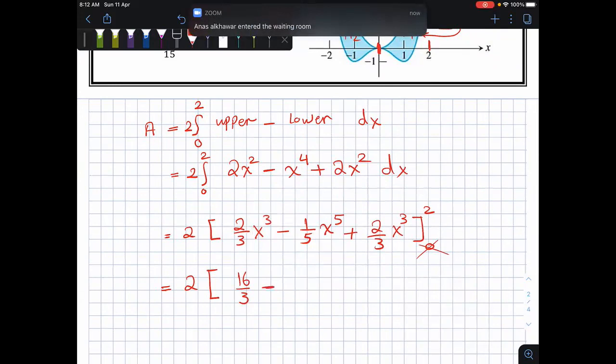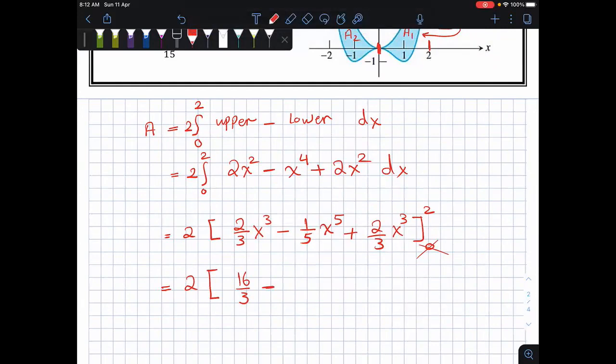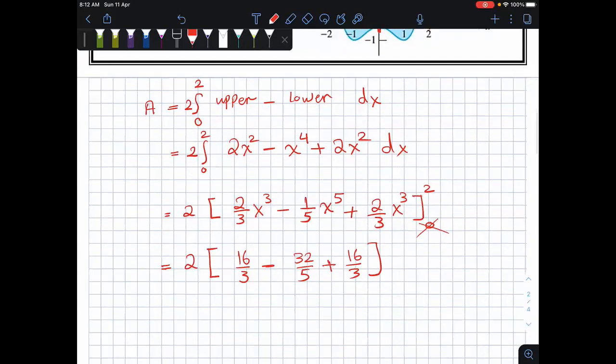And then minus 1 over 5 times 2 to the power of 5 is 32 over 5. And then plus again 16 over 3. You can do this in the calculator or by adding: 16 and 16, 32 over 3 minus 32 over 5, and then multiply this all by 2.